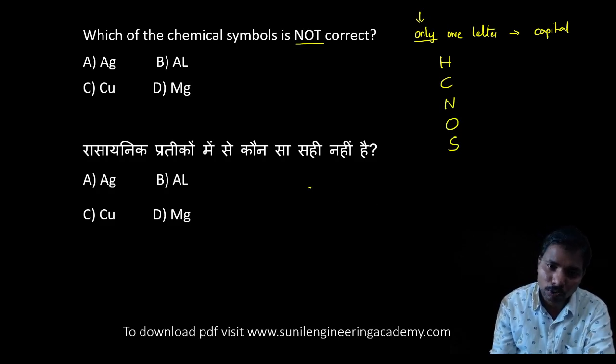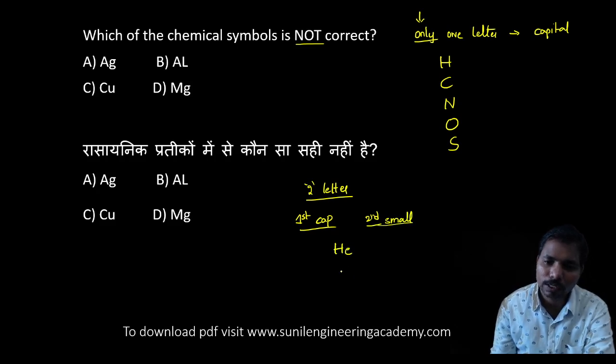If we have two letters to denote, then the first one is capital and the second letter must be small, like helium.